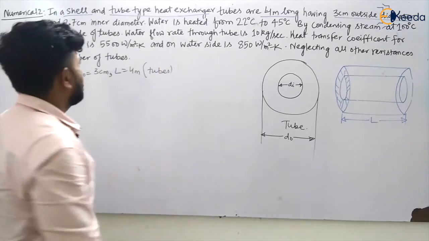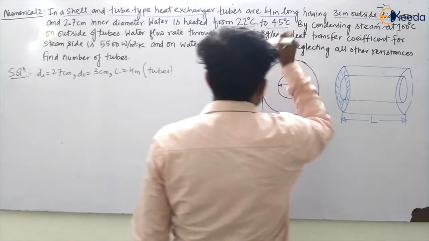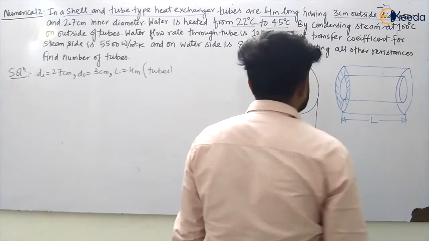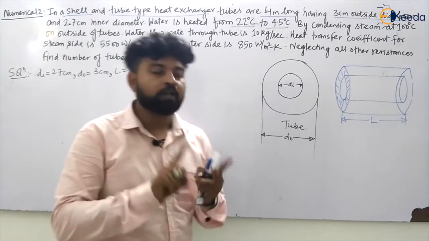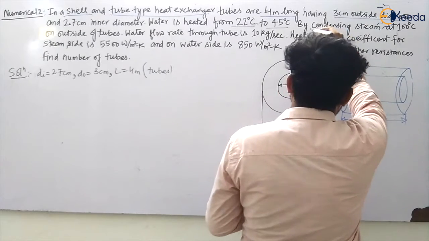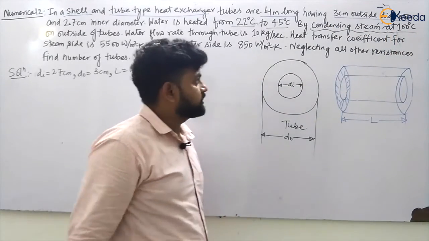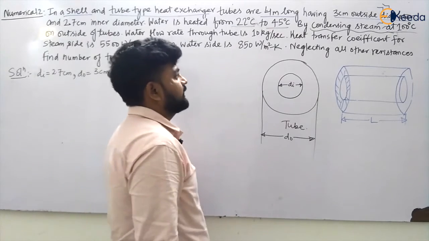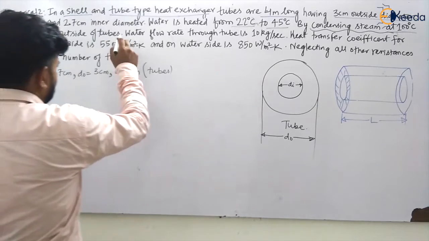Now water is heated from 22 degrees Celsius to 45 degrees Celsius. He is heating up water from 22 degrees Celsius to 45 degrees Celsius by condensing steam. So one fluid is going under a phase change, my dear students. So steam at 100 degrees Celsius on the outside of the tubes.